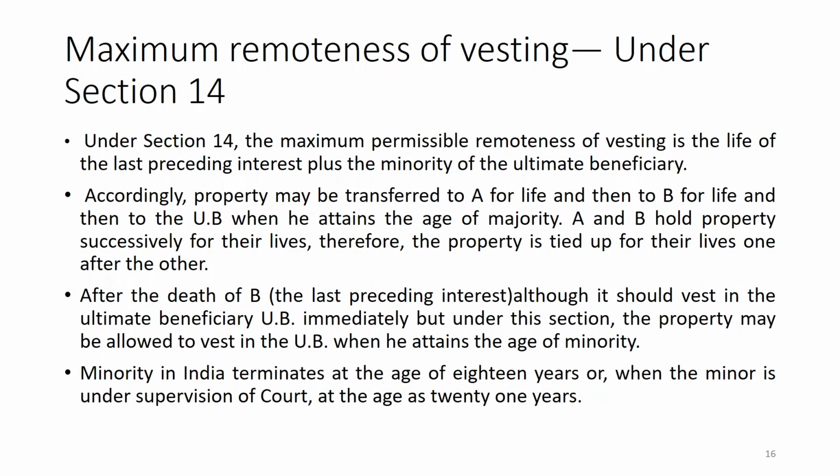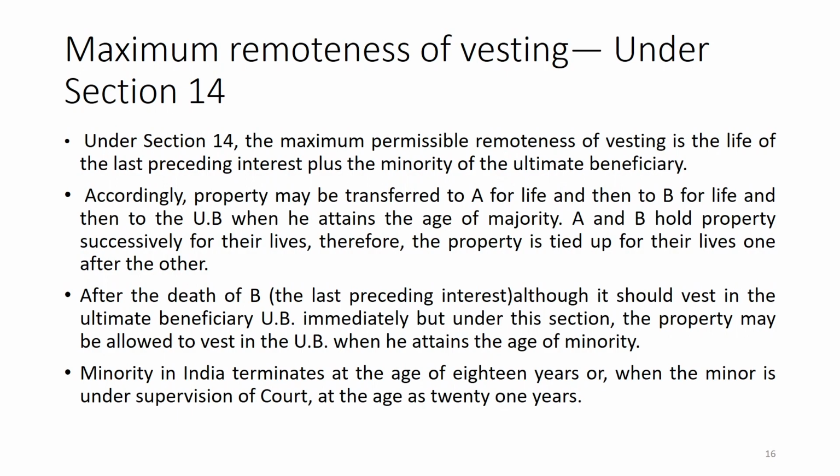Accordingly, this example is given: property may be transferred to A for life, then B for life, and then to the unborn person when he attains the age of majority. So, A and B hold the property successively for their lives. Therefore, the property is tied up for their lives, one after the other.